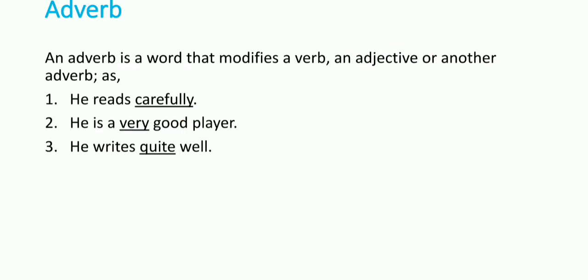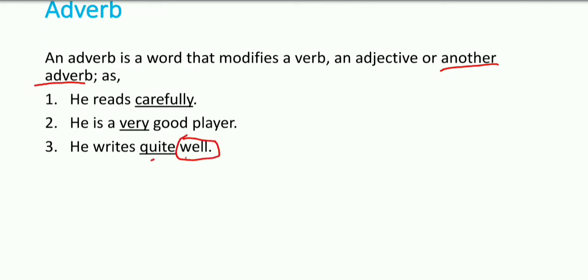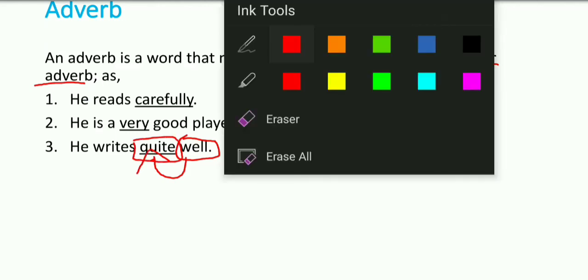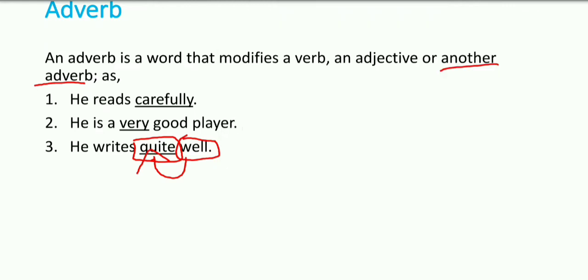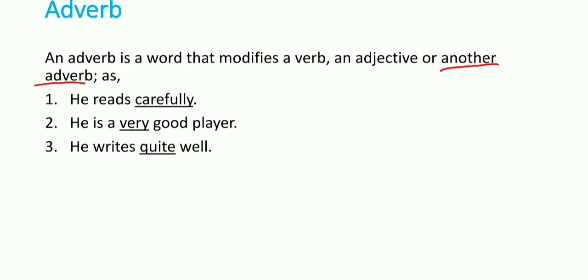The last example, thirdly, an adverb can also modify another adverb. Here: He writes quite well. Well is an adverb, and quite is modifying the word well. So quite is also called an adverb. Keep this in mind.